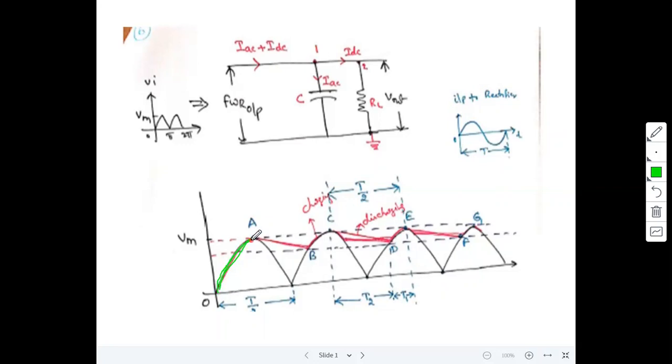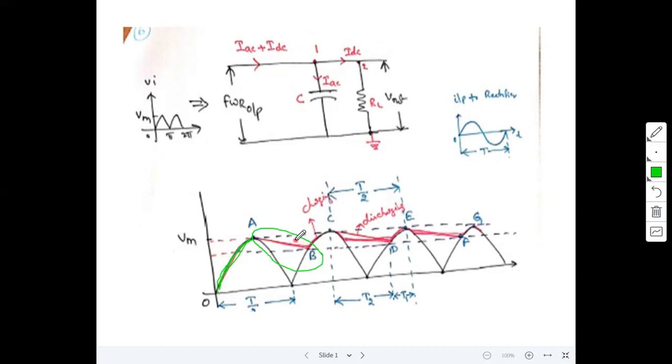Then once the capacitor charges to the maximum value Vm, the capacitor voltage dominates the full wave rectifier output voltage during this region, A to B.